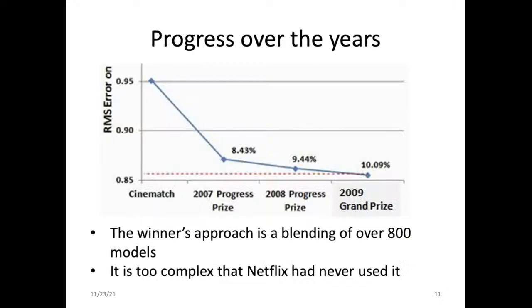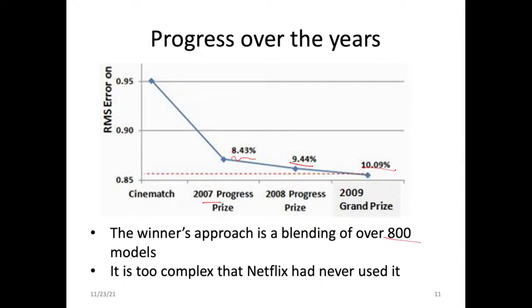As I said, this competition lasts for 3 years. In 2007, the first team that year dropped the root mean square error by 8%. In the second year, they dropped the error by 9%, and in the third year, finally, we have a winner. The winner's approach blended over 800 different models.